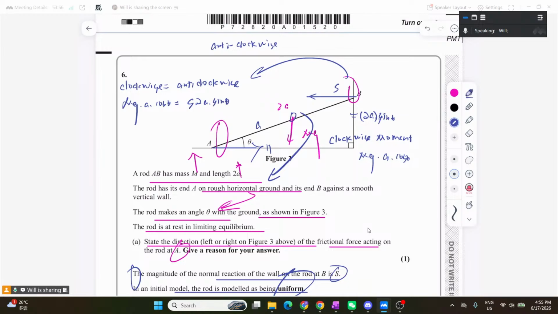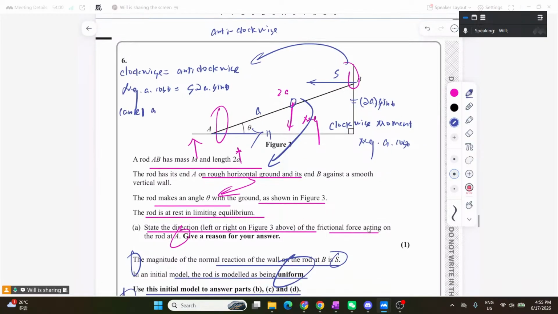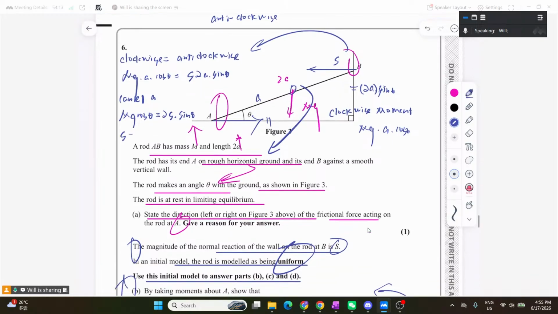We can cancel a, right? If we cancel a, we get mg cosine theta equal to S times sine theta. Then S equals mg cosine theta over 2 sine theta.